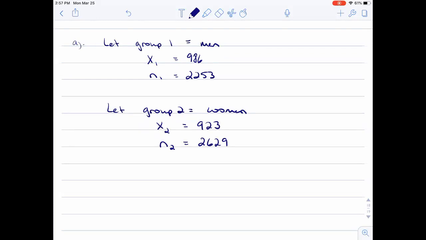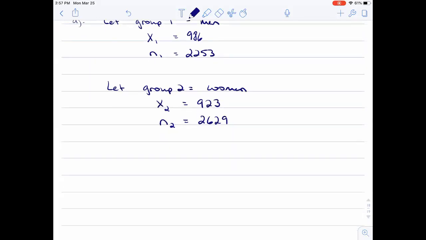So what we're going to find is a sample proportion for group 1 and a sample proportion for group 2. So p1 hat is x1 over n1, which is 986 over 2253, which is 0.437638704.